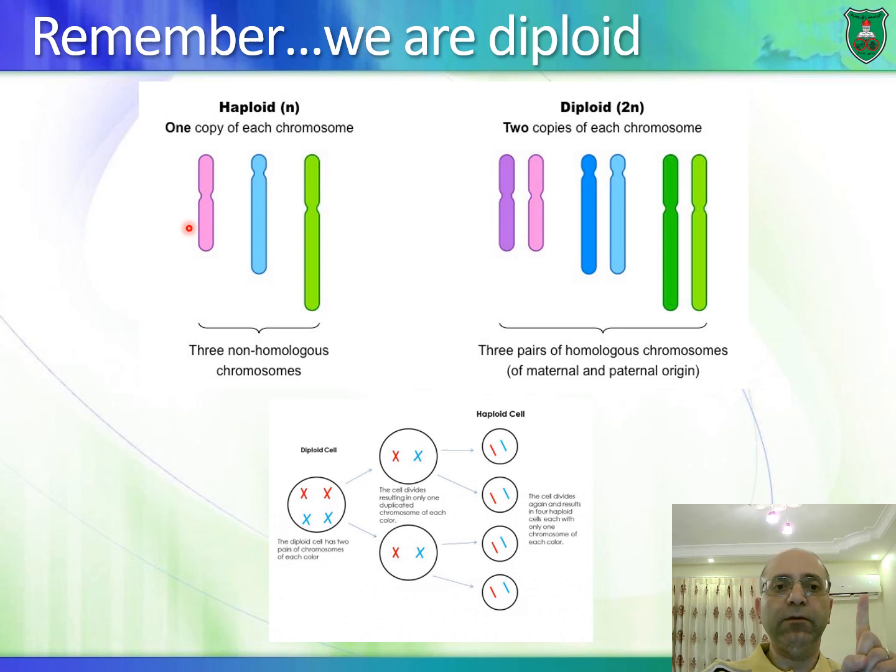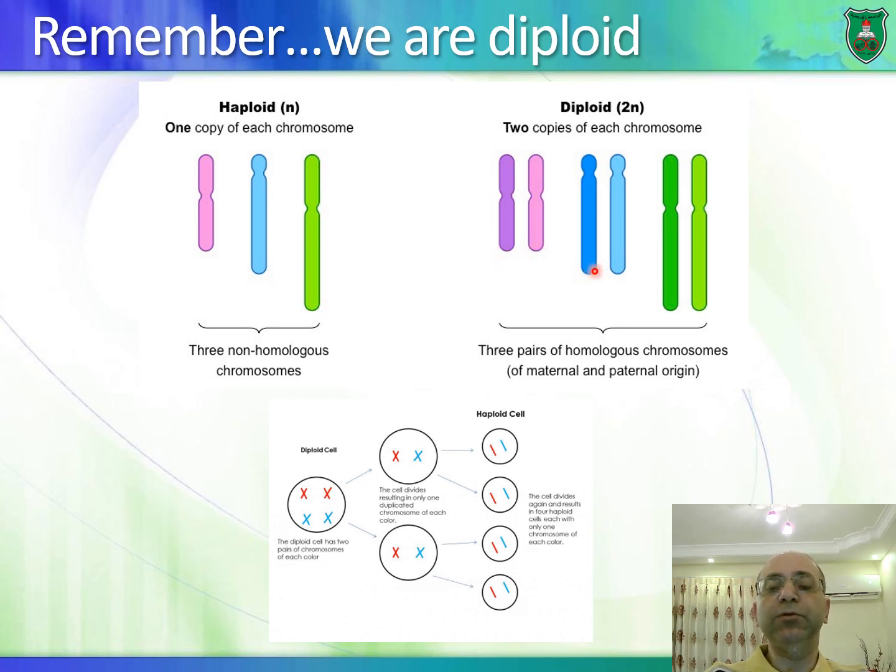It's haploid, but it's composed of two chromatids, sister chromatids. So these two are homologous chromosomes, like chromosome 1 from chromosome 1. You have one coming from the father and the other coming from the mother, and so on.